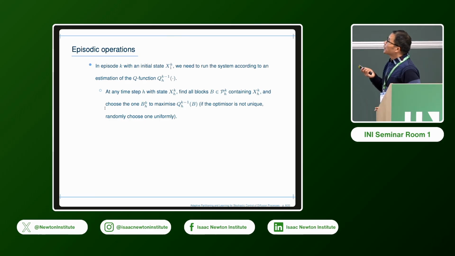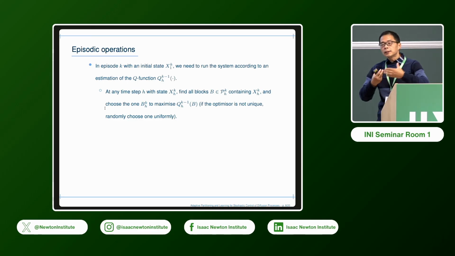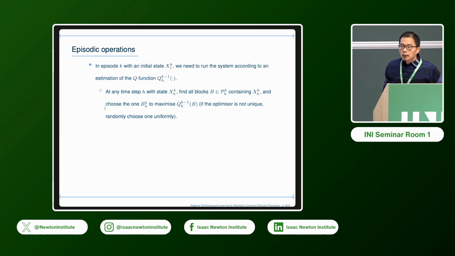In each episode, we start from time 0 or time 1, and we run the control system to the end of the time horizon, in which we need to decide our action or our control. The control can be decided by the estimation of the Q function from the previous episode.